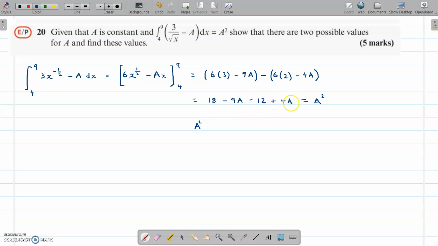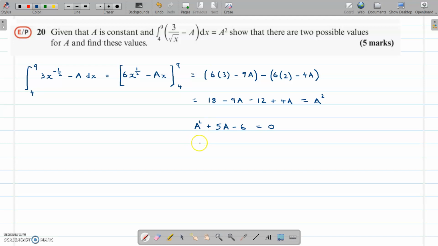I've got to take away 4a and add 9a, so I've got a squared plus 5a, and then I've also got 18 and minus 12, which is 6, but I've got to take that from the other side, so it's minus 6, and that equals 0.